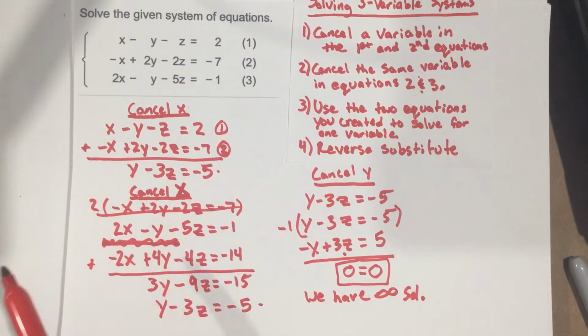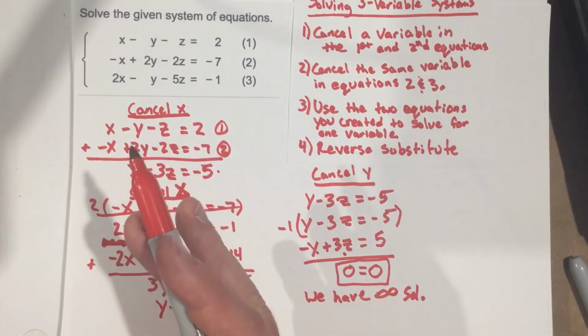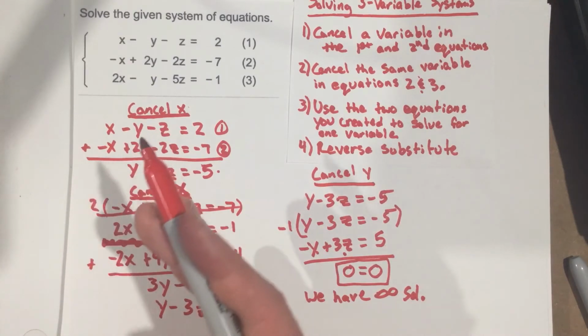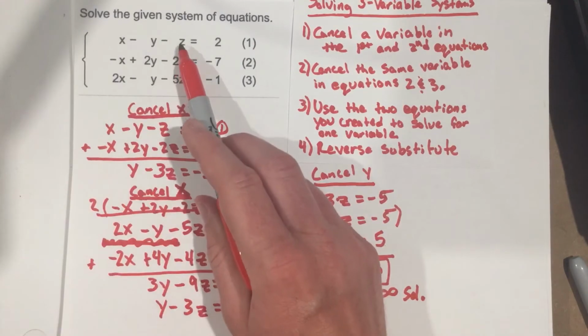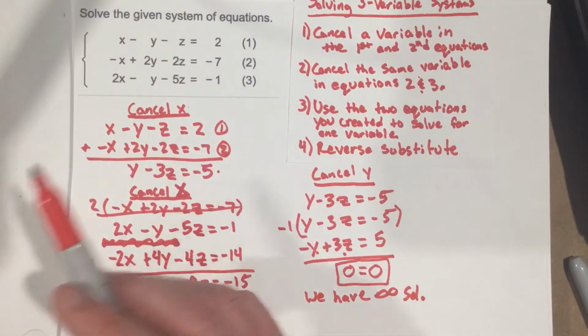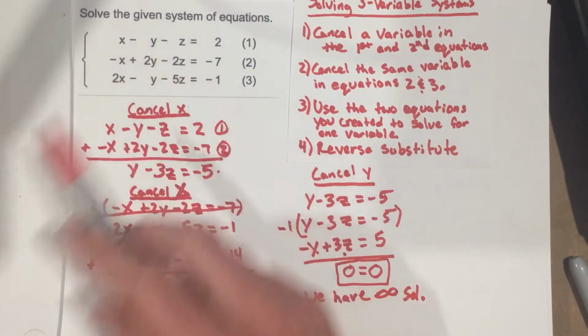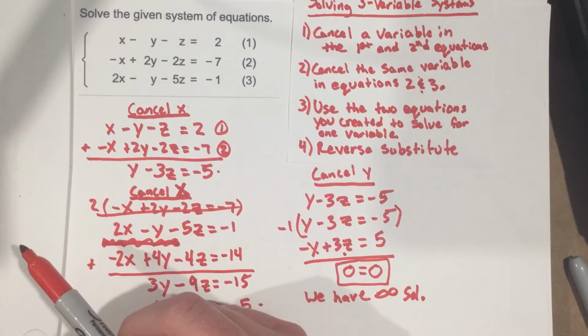So when we have infinite solutions with 2 variables, both x and y can be infinite. But when we have x, y, and z, only one of these variables is going to have an infinite solution, meaning it can be any number, and the other 2 are going to be based off whatever that number is.